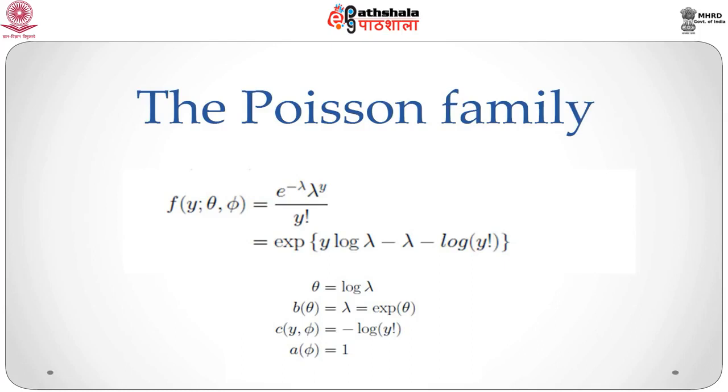As before, the canonical parameter for this family turns out to be theta equal to log lambda. The function b of theta is given by b of theta equal to e to the power theta. C of y, phi is equal to minus log y factorial, and as before, there is no additional scale parameter, and a of phi is equal to 1.